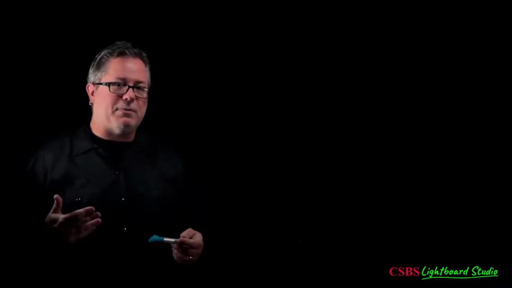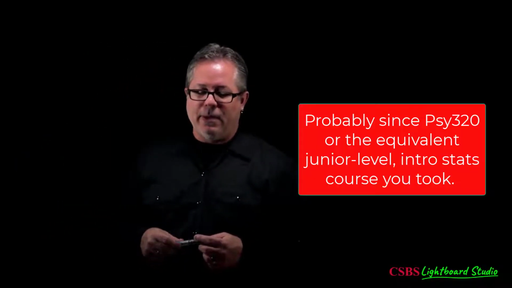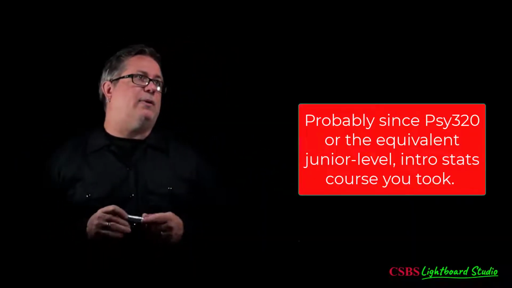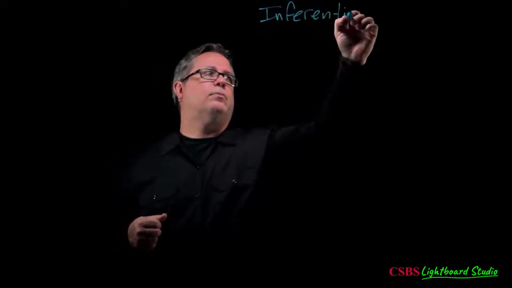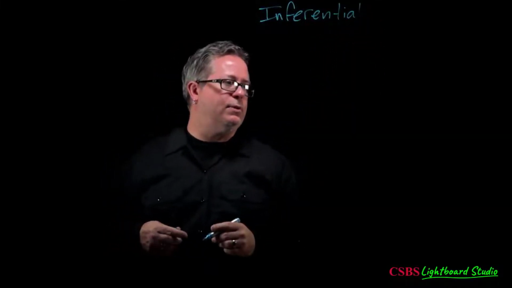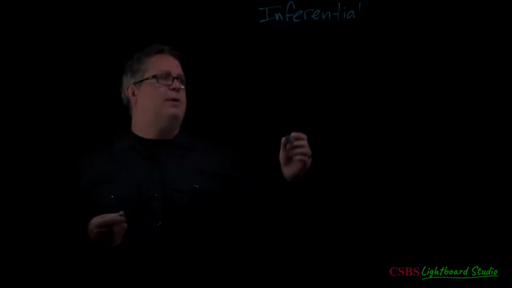So what do I mean by sampling distribution? What am I even talking about? It may have been some time since we talked about this stuff. Everything that we're doing in here, in 320, 485 most likely, and in here, they're all types of inferential statistics. Inferential. We're trying to infer. What are we inferring?